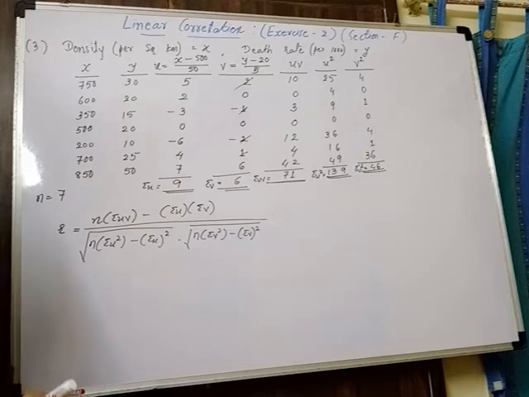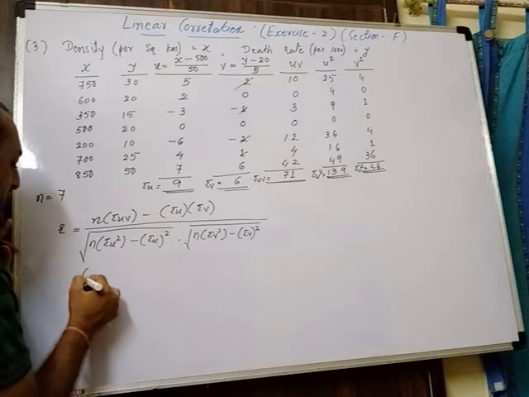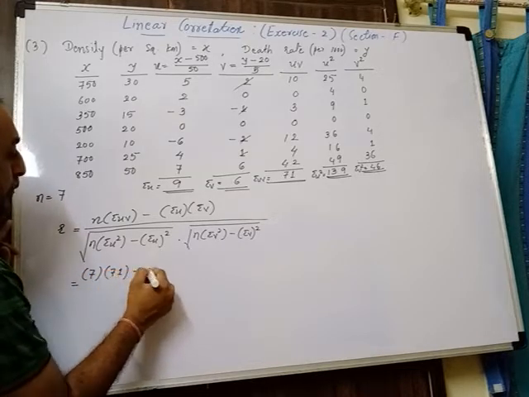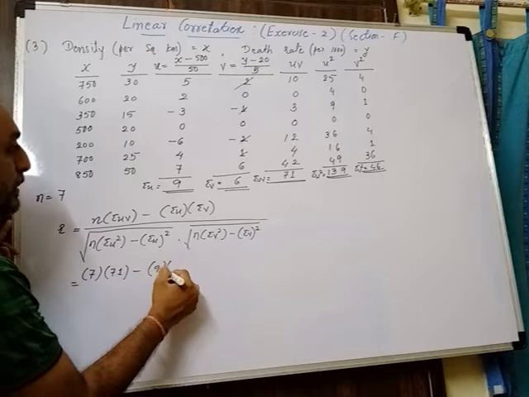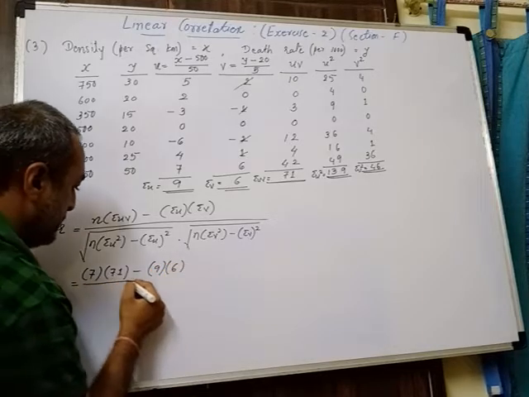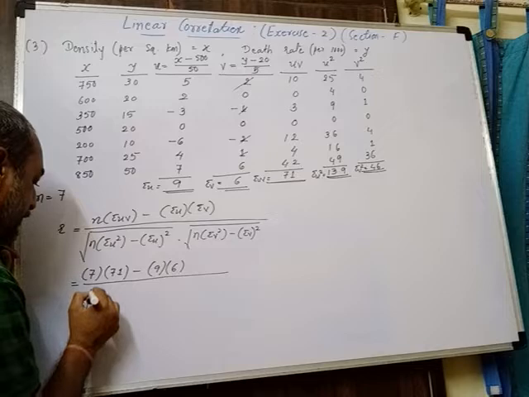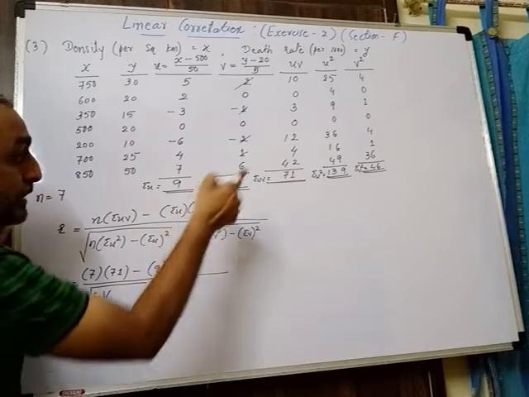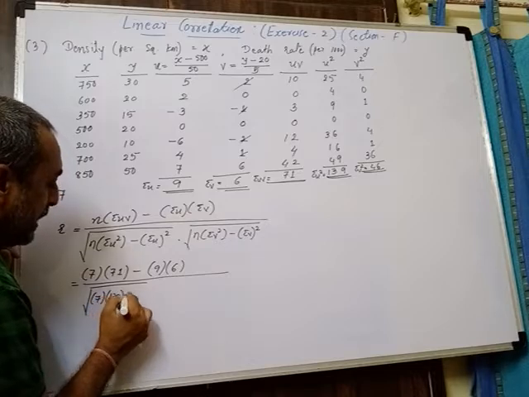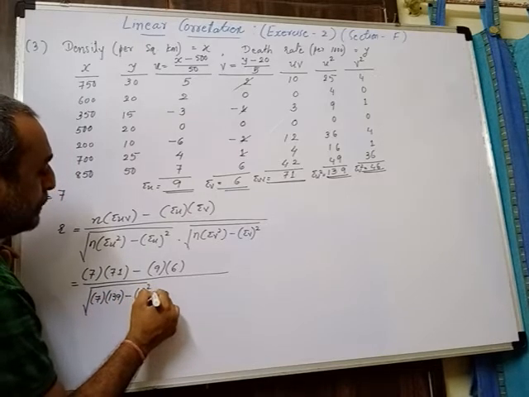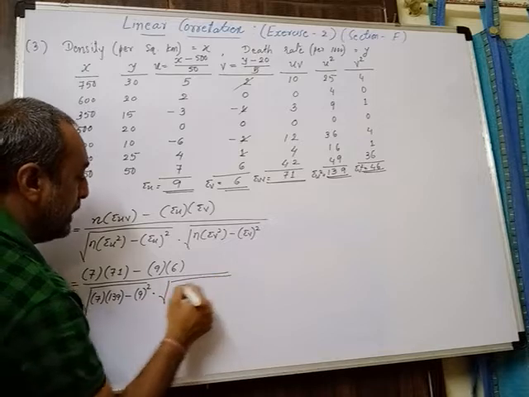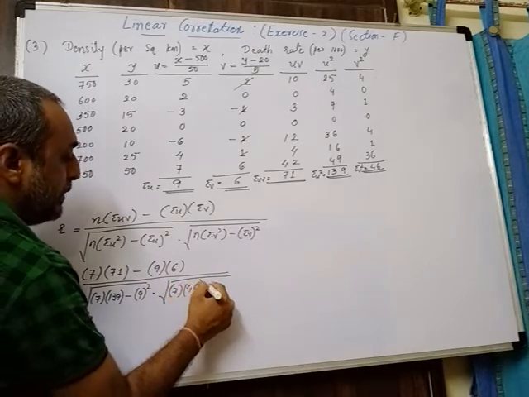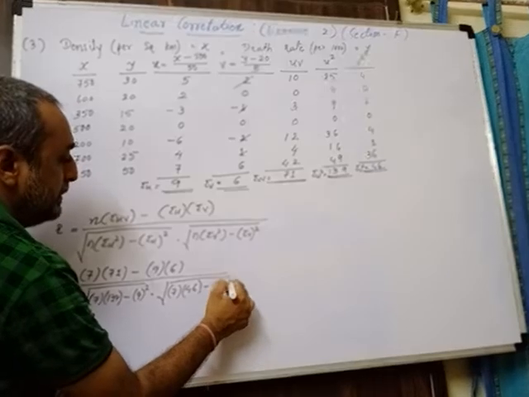So n is equal to 7. Sum of UV is 71 minus sum of U 9 into sum of V 6, divided by, into the first root, n is equal to 7, sum of U square we got 139 minus sum of U, 9, the whole square, into the another root, n is equal to 7, sum of V square is 46 minus sum of V, 6, the whole square.